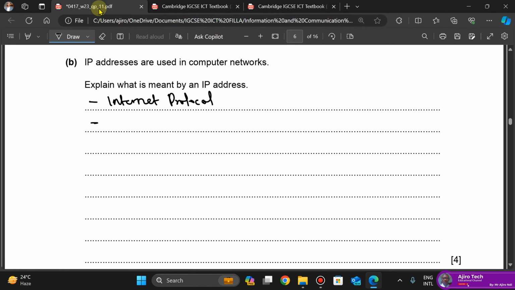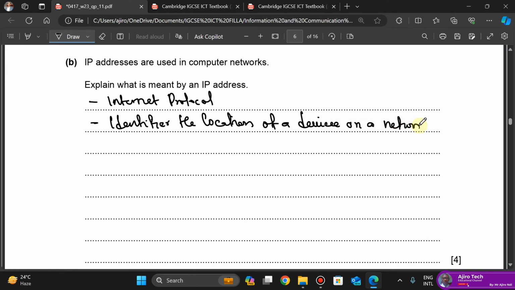So they identify the location of a device on a network. They are also unique identifiers because for every network you connect to, you are given a unique address.